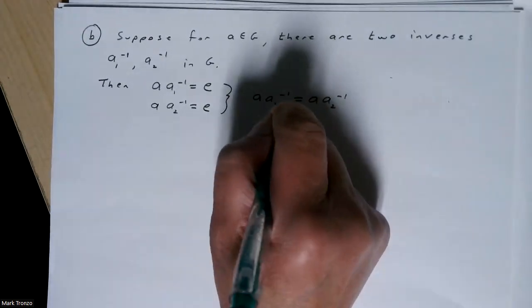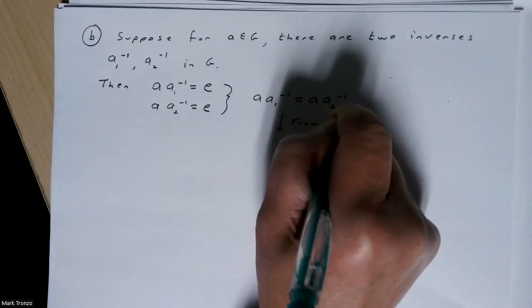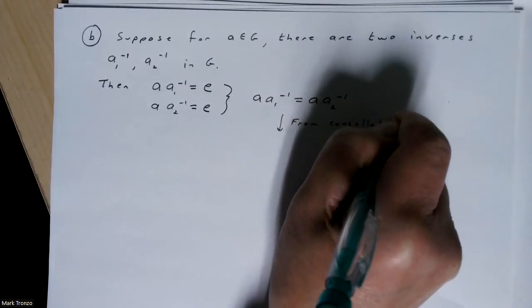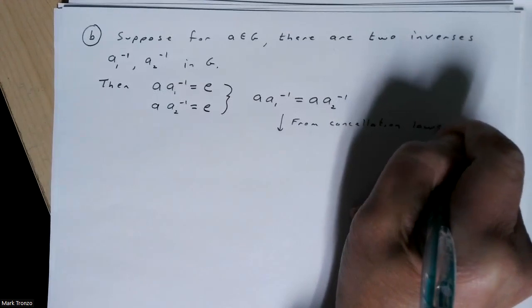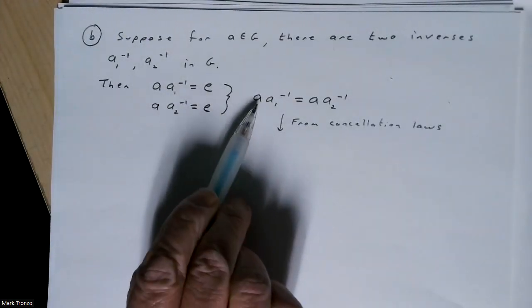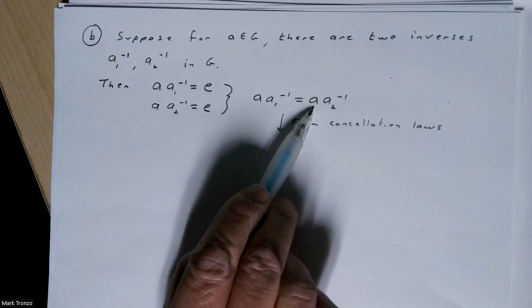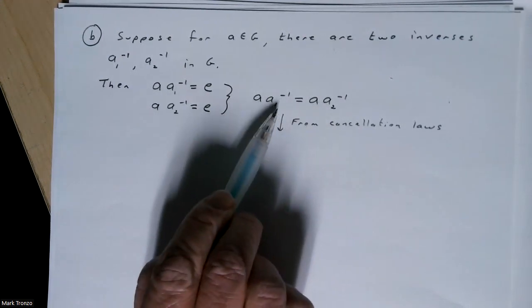But then from the cancellation laws that we had a little while ago, we can now say that since A A1 inverse equals A A2 inverse, once again, I'm leaving the stars out here.